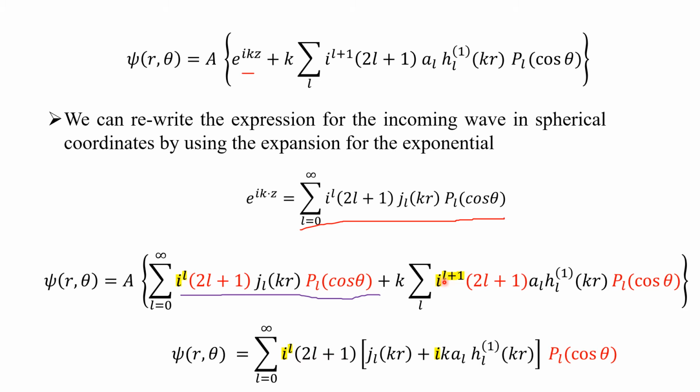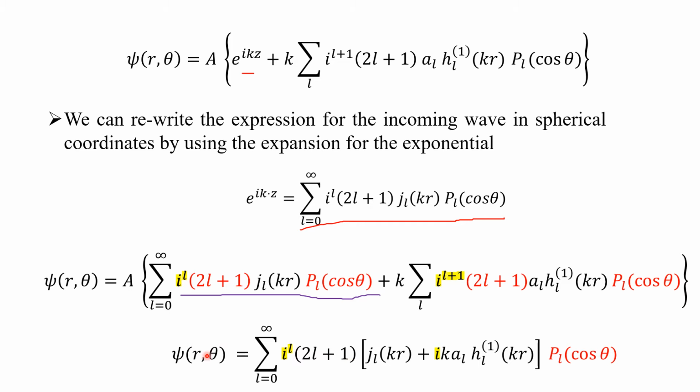Here it is i power l plus 1, so this can be written as i power l into i. Already there is a k. So this can be rewritten as psi, which is a function of r and theta, equal to summation over l, i^l (2l plus 1) [j_l plus ik a_l h_l^(1)] P_l cos theta.